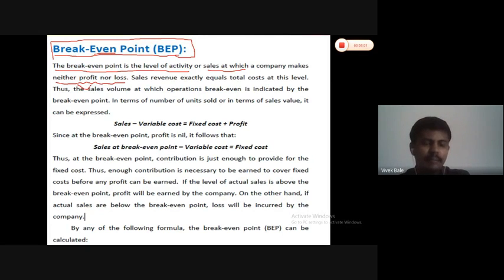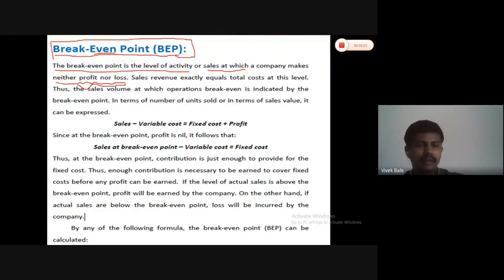It means that the break-even point is a particular level of activity of any business concern. At this particular level, the business gets neither profit nor losses. It means the business is in the equilibrium position. It means the total sales is equal to the total cost of the company.